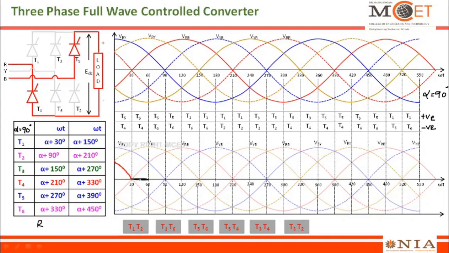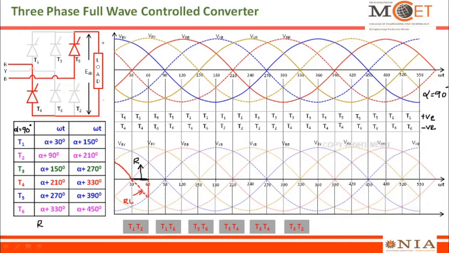But if it is an RL load, the load current cannot come to 0 instantly like in a resistive load. It will take some time. So this negative portion of the voltage also will appear across the load if it is RL in nature. This is for RL load and this dark black line is for R load. Now we can differentiate here.